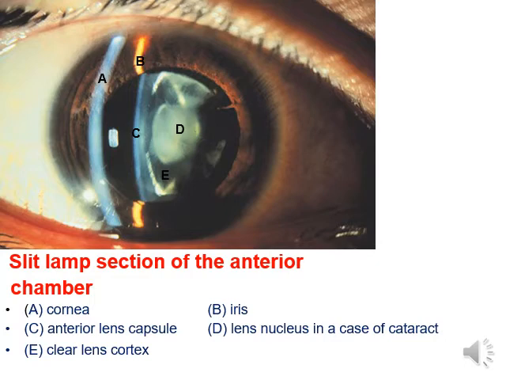Slit light A is on the cornea to examine the cornea, B on the iris, C is on the anterior lens capsule, D to examine the lens nucleus, and E examines the lens cortex.